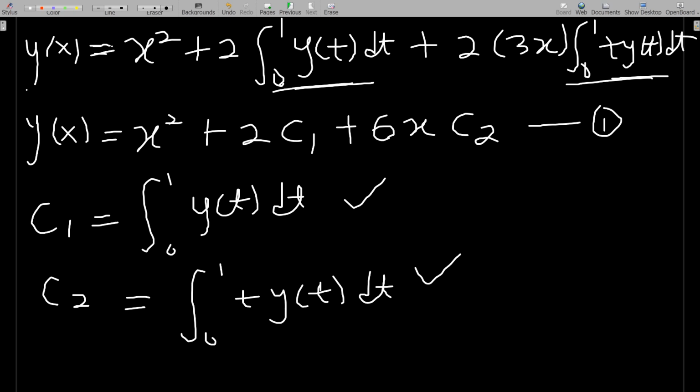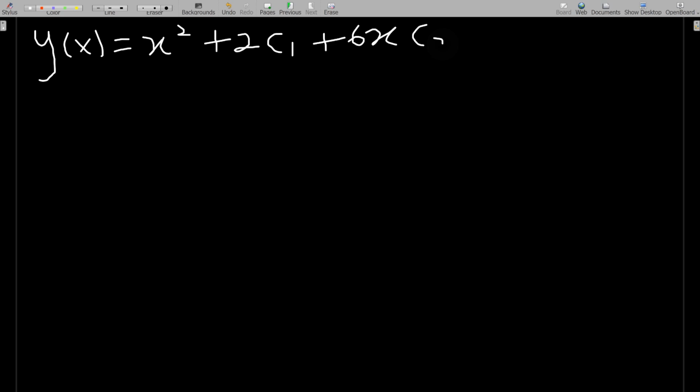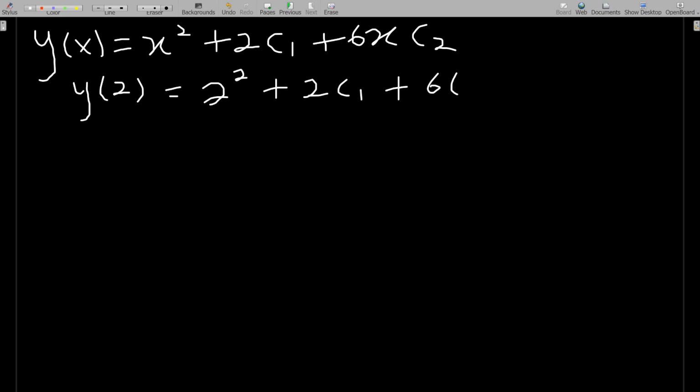Given, like we did in the last lesson, y of x is equal to x squared plus 2c1 plus 6x c2. If I ask you to find y of 2, then wherever you see x, you put in 2. So we get 2 squared plus 2c1 plus 6 times 2 c2. I hope you get this.